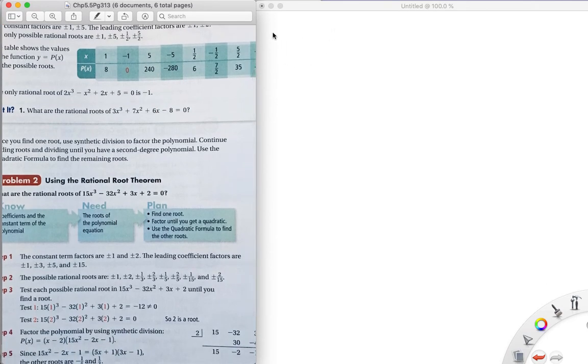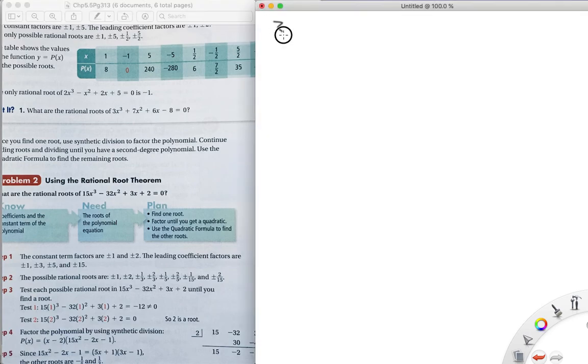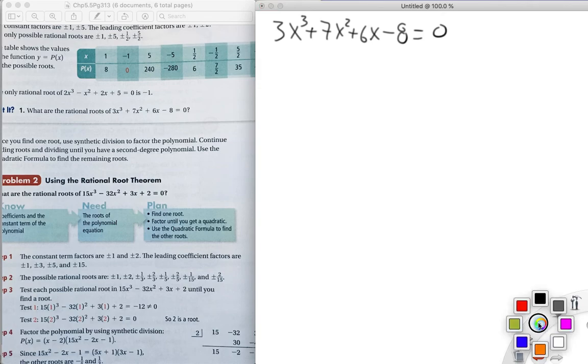We have 3x cubed plus 7x squared plus 6x minus 8 equals 0. Again, we have two sets of factors here: the factors of the 3 and the factors of the 8.